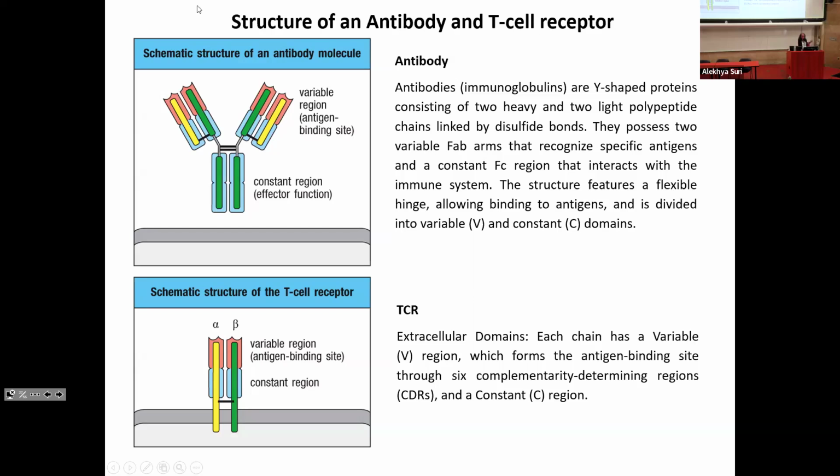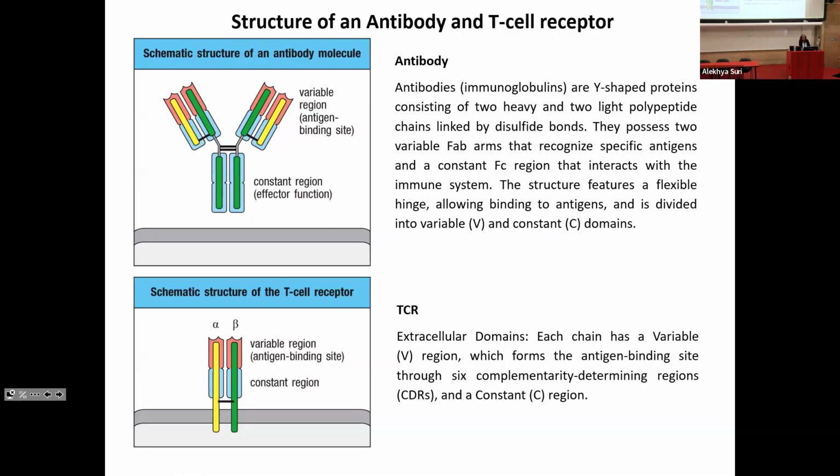So this variability in this region is what allows it to bind to different antigens, and there are thousands and millions of these different antibody types, with different variable regions, that can each recognize a specific antigen. Okay, so that gives it this unique ability to differentiate between different pathogens.